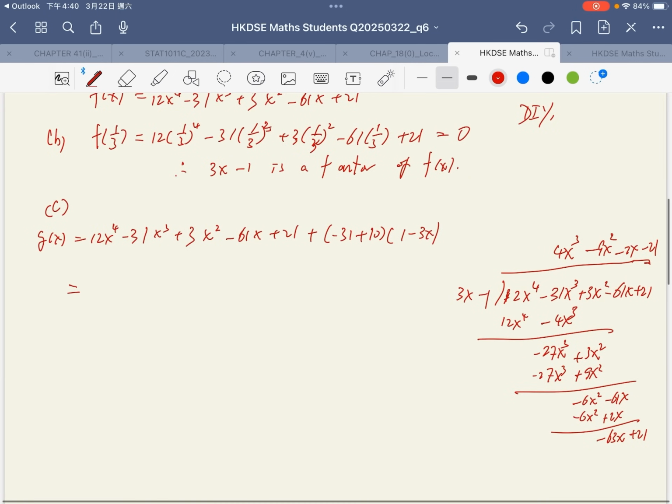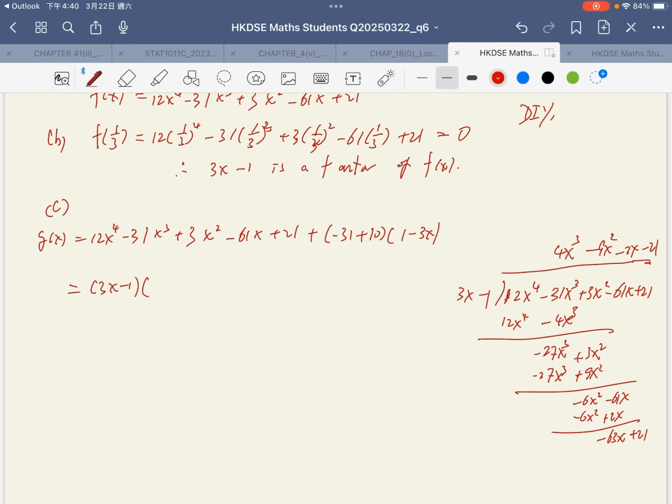Okay, I don't write any more, I only copy it. This negative 21, exchange the sign, plus 21. 3x minus 1, and then factorize the factor 3x minus 1. So nice, the constant term is cancelled, and then factorize x outside.